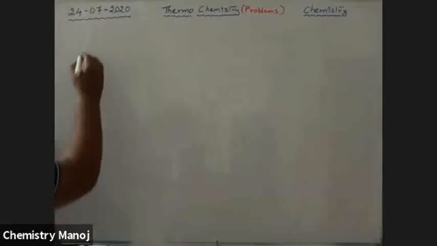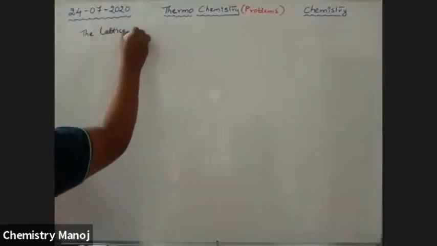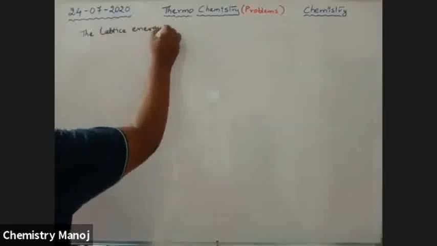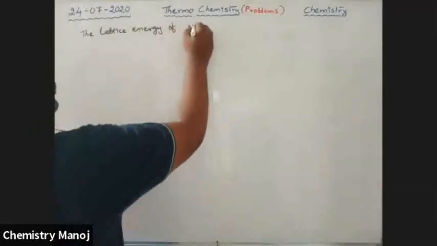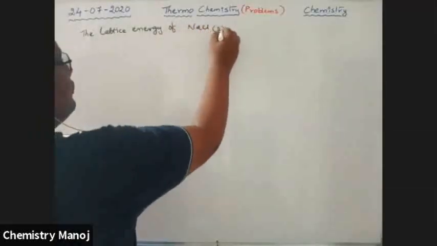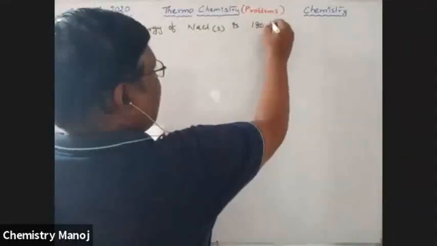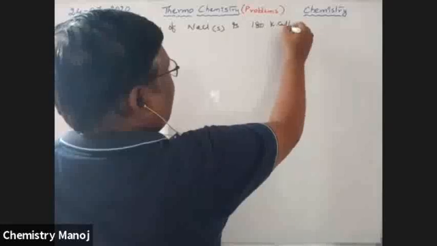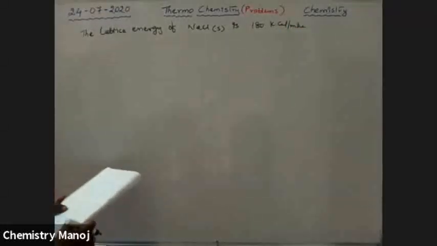The lattice energy of NaCl is 1 kilocalorie per mole.